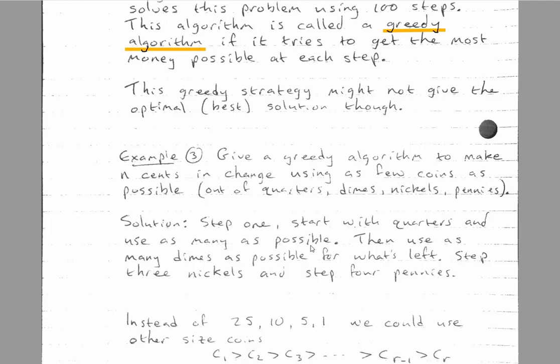It's a greedy algorithm because at each step we're doing a maximum, so the most nickels possible in step 3. And you can see that will work, so that will make the change using as few coins as possible.